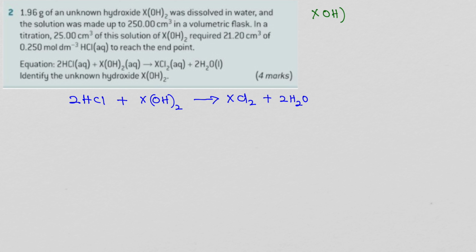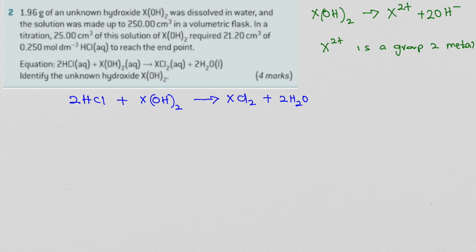Now, what we need to do is to look at the base hydroxide, XOH subscript 2, and that can split into X2+ plus OH minus, and there's two of those, and that implies that X2+ is a group 2 metal.